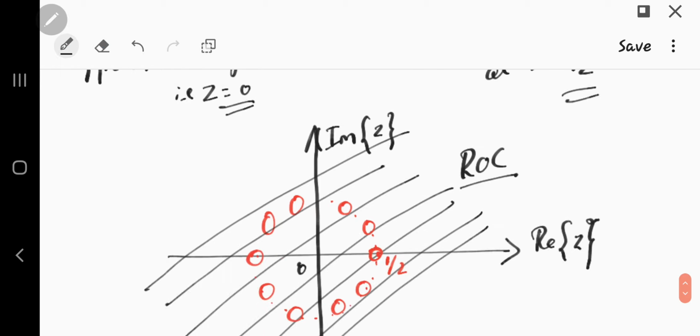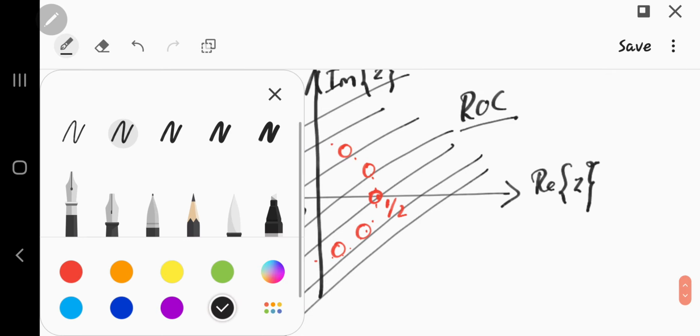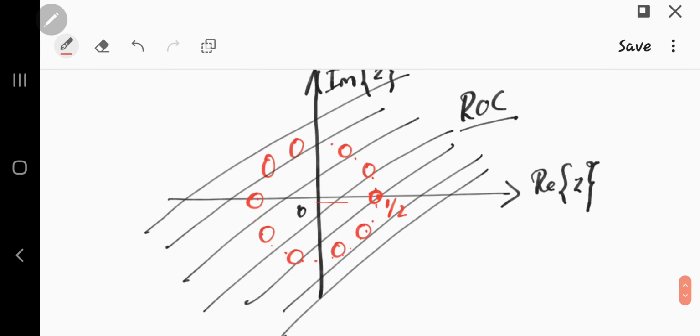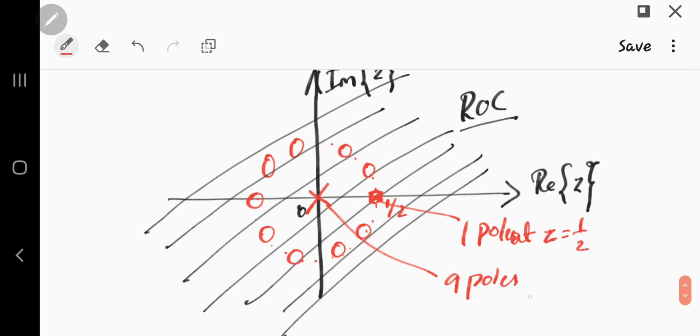So 10 zeros are located. Now coming to poles, we have 9 poles located at the origin and 1 pole here. So 1 pole here and 9 poles here. 1 pole at z is equal to 1 by 2, 9 poles at z is equal to 0.